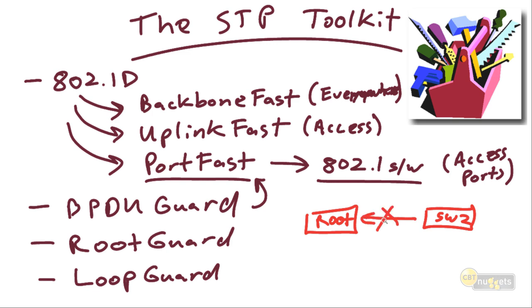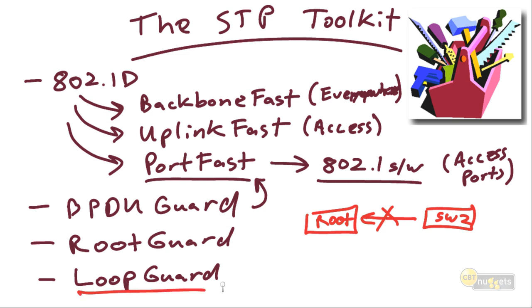So what Root Guard will do is if it sees what are called superior BPDUs coming in on a link from some other rogue device, it will error disable. Actually, it makes the port in what's called an inconsistent state, essentially error disabling it. And this says, look, there's a problem on this port. Someone's trying to take over as the root device over that particular port.